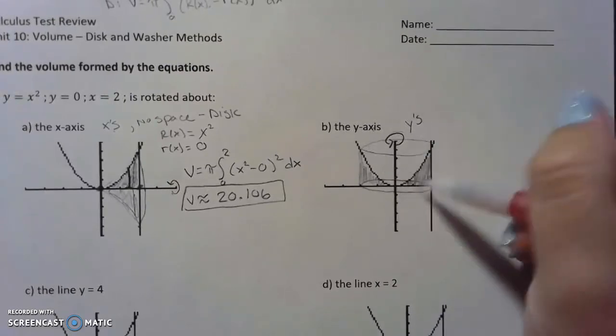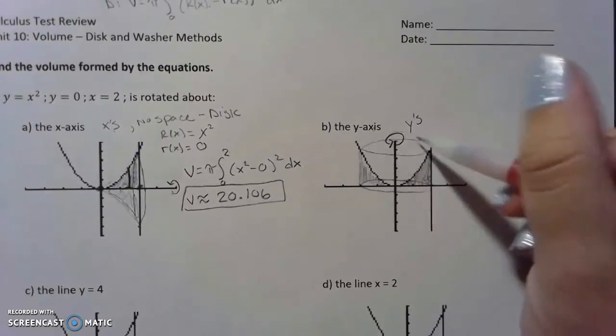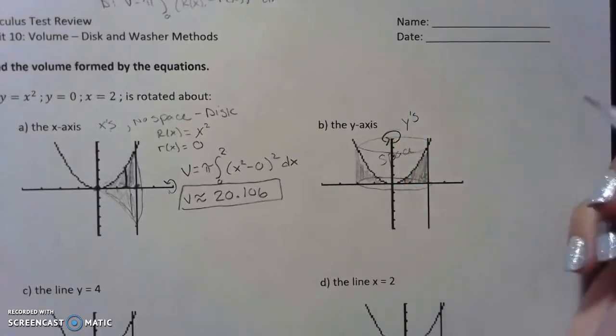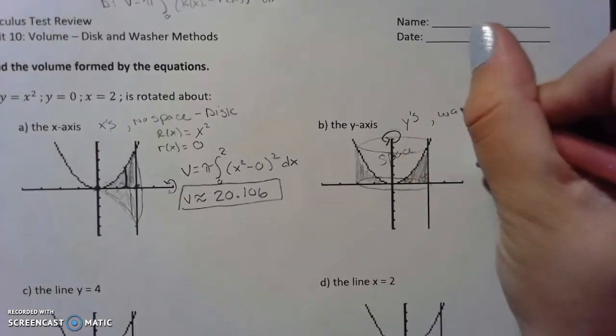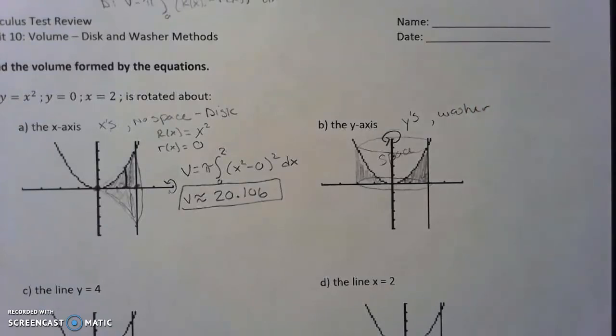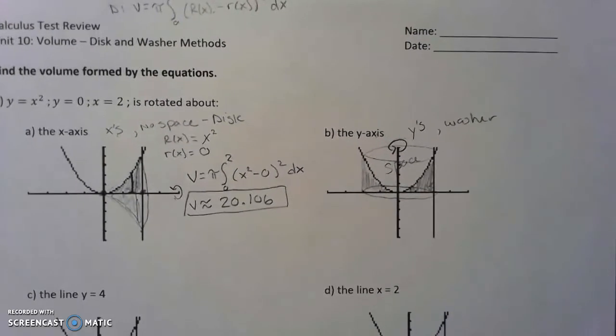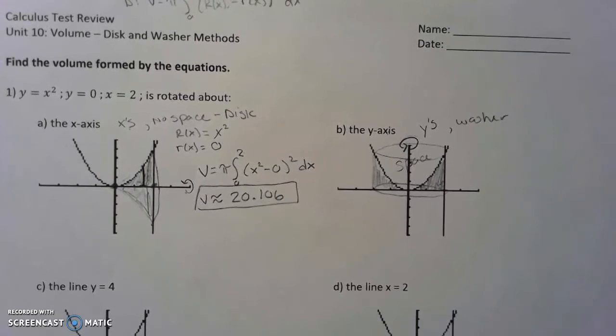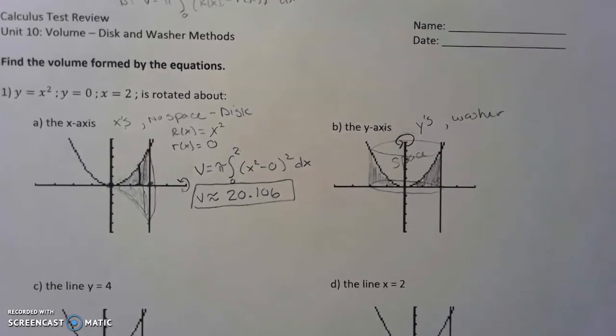And because we have space on the inside and it's not a complete solid, that means we're going to be using the washer method. Sometimes that space goes completely through and you have a complete hole. Sometimes it's just an open space. So make sure that you're okay with the difference between what we're looking at.